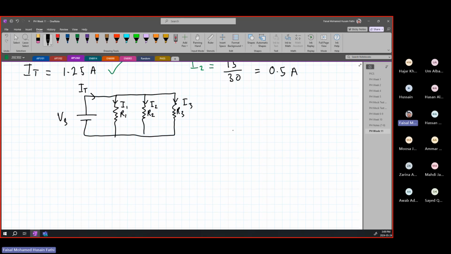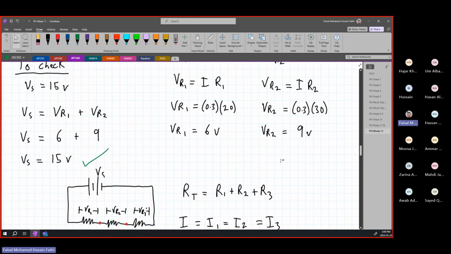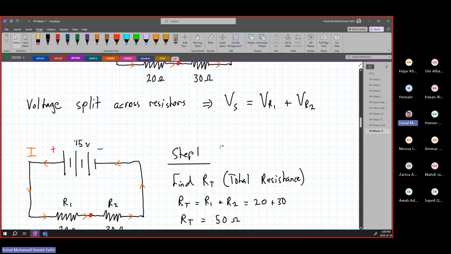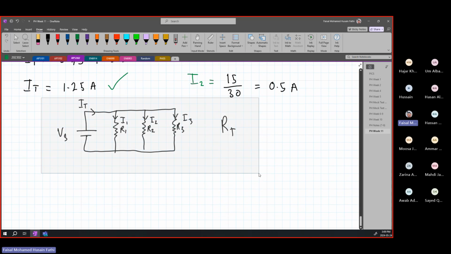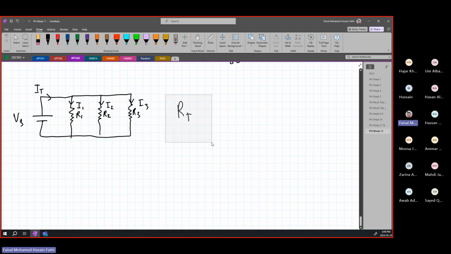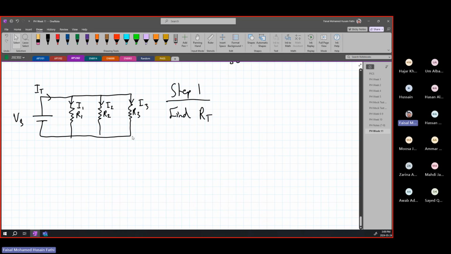First thing, if you want to find your total resistance, R total, let me write it in steps so you guys have a good general idea. Step 1: find R total. That's similar in a parallel or series circuit. How do you find R total for a parallel circuit?